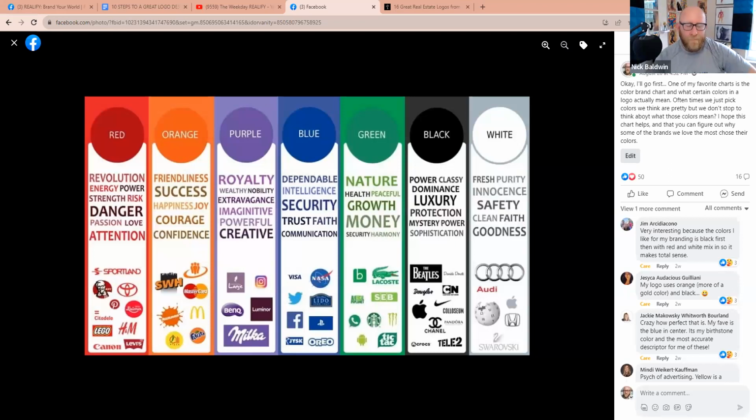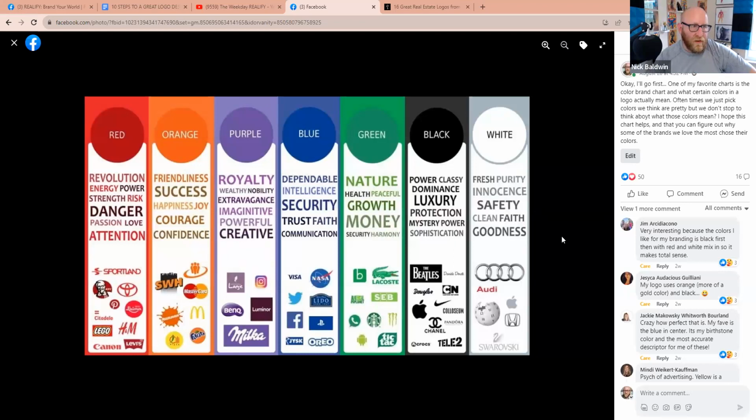So let me show you this cool diagram here. Let me share my screen. I posted this in the REALIFY group.